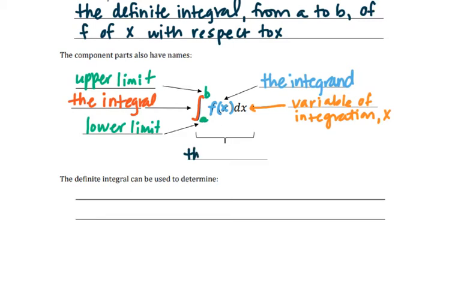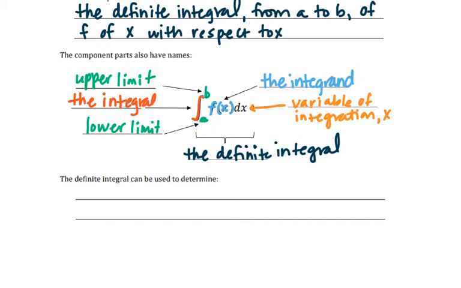And altogether, this is called the definite integral. And the reason it's called that mainly has to do with the fact that we have bounds. Okay, so it's definite, it's a finite area we're finding because it's between a starting value and an end value here. So the A and B are the important ways to know that it's a definite integral.